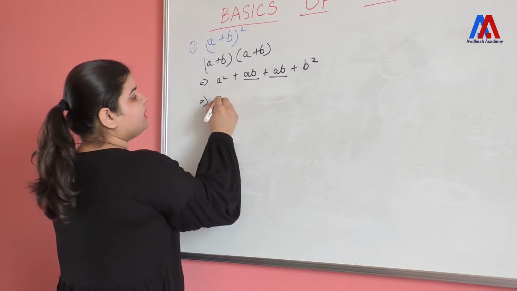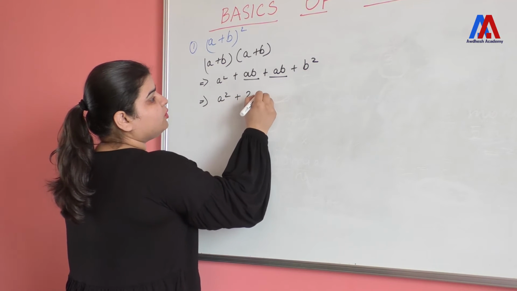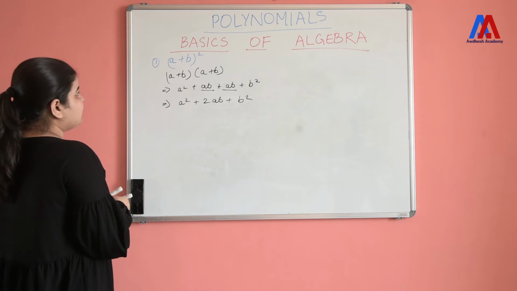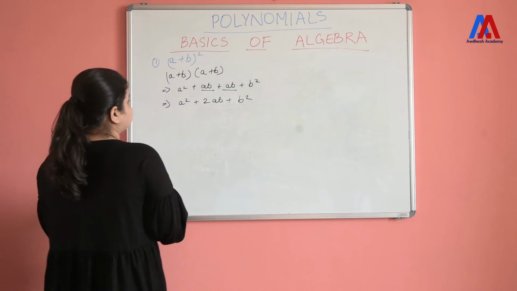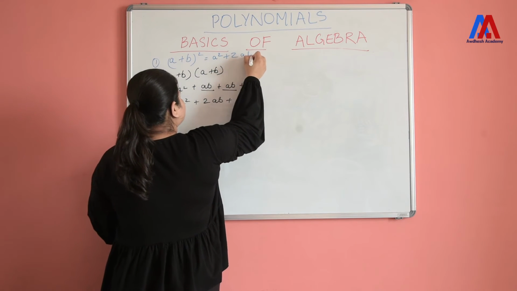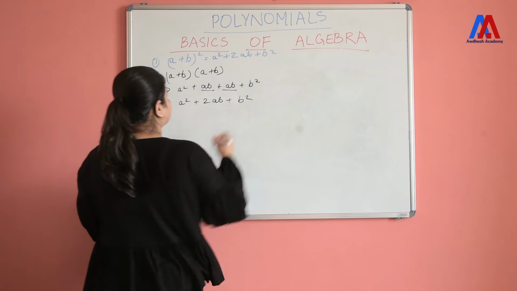ab and ab will give us 2ab and it will be b². So (a + b)² becomes a² + 2ab + b².